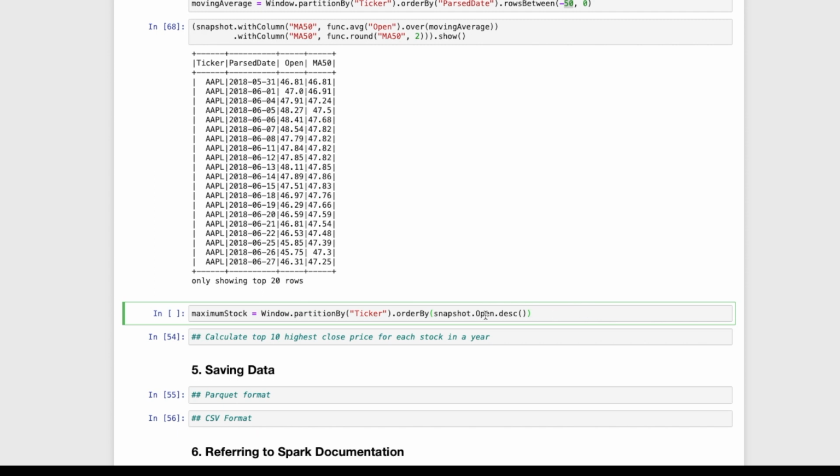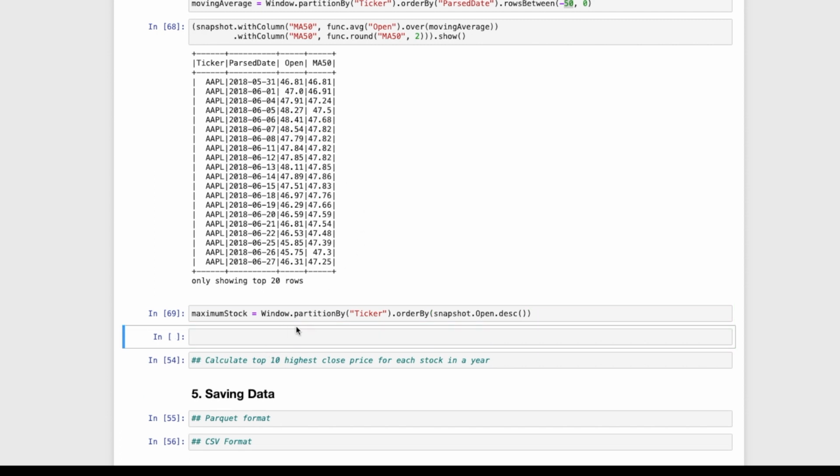And the way that you could do that is, by default, the window orderBy function does not take ascending as an argument for some reason. So we have to do it like this. We have to manually select the column and say descending, and you could do this, right? So what we are saying is take the snapshot data frame, take the open column, and then use the desc function on top of that to order by in descending order, right?